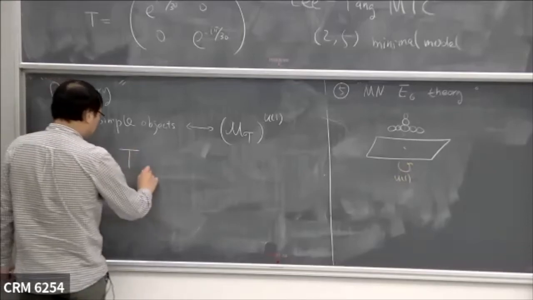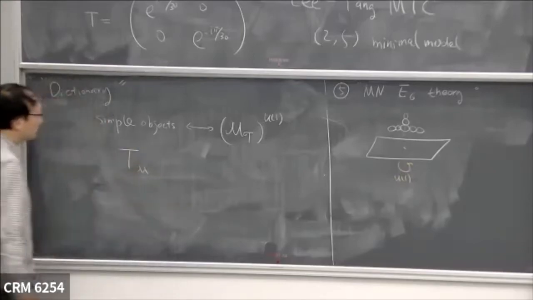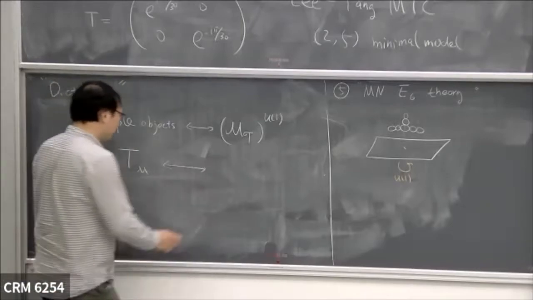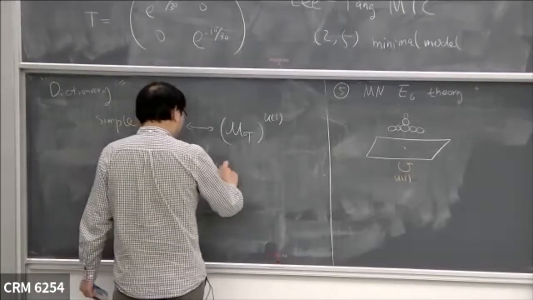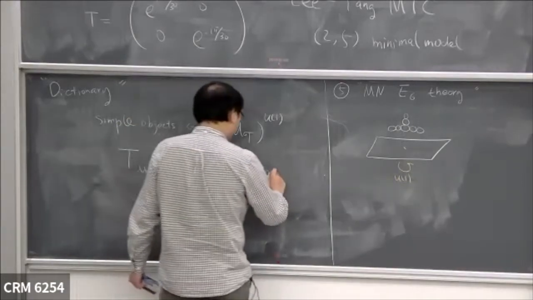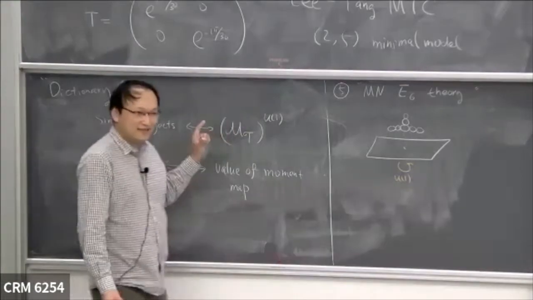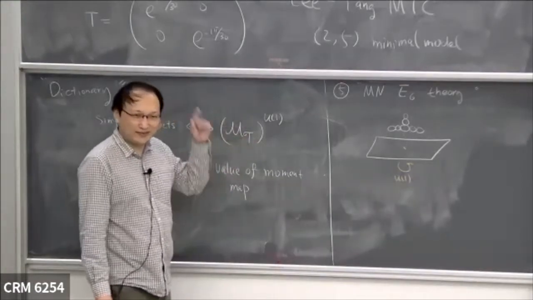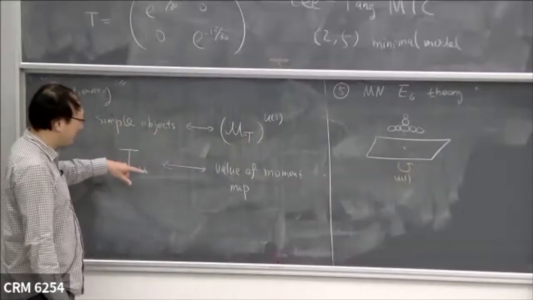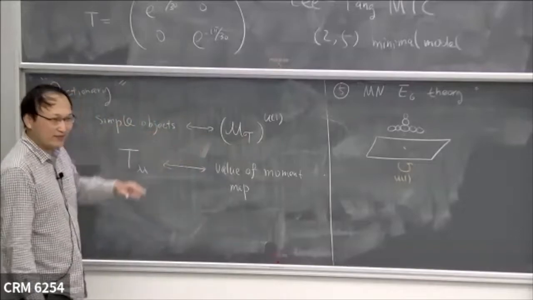So T lambda lambda is associated with a simple object lambda. Geometrically, this is related to the value of the moment map. This U1 action is actually a Hamiltonian action generated by some real valued function. And you can evaluate that on any of the fixed points.